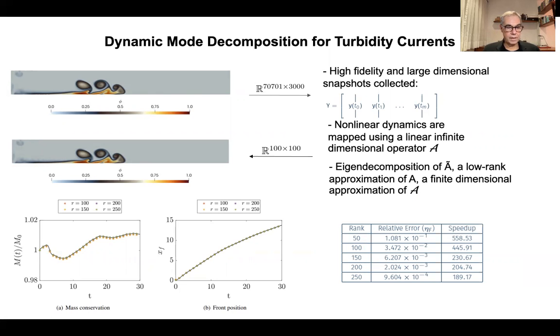And you can see that quantities of interest like mass conservation and the front position are very well represented by very low rank solutions, which is a promising way of doing more uncertainty quantification and parameter exploration in this type of problem.